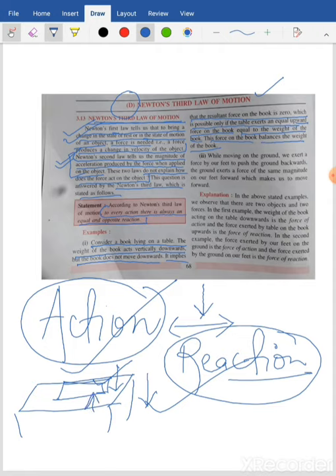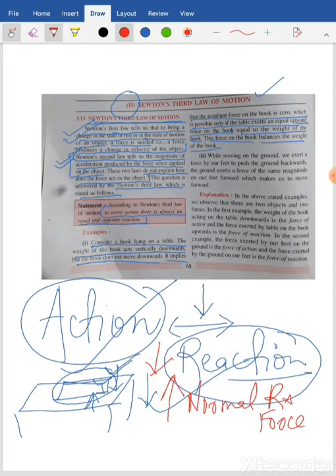So here you see that the action is due to the weight of the book, which is in the downward direction, but because of this action, the table is also pushing the book in the upward direction. That is the normal reaction force, the one that we have learned in the earlier chapter, right? Contact force we have learned. One of the contact forces is the normal reaction force.